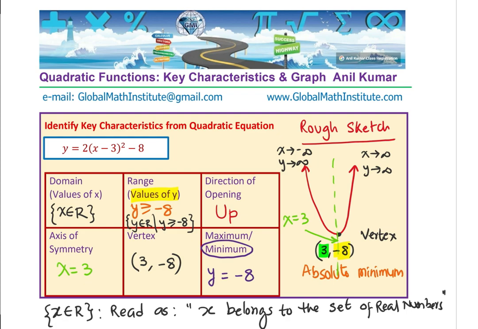So we say the leading coefficient is positive, and therefore the graph goes up. Do you see that? And of course, when it goes up, we do get a minimum value. Makes sense? So I hope this part is absolutely clear.